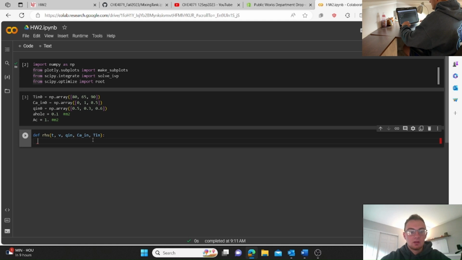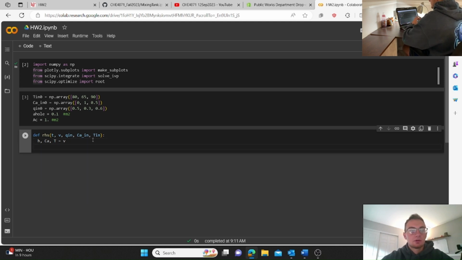Okay. Now I'm going to unpack that vector of dependent variables so that we can access what we need: the height, concentration of A, and temperature, equal to V. And now, to solve our differential equations, we need to know Q out.